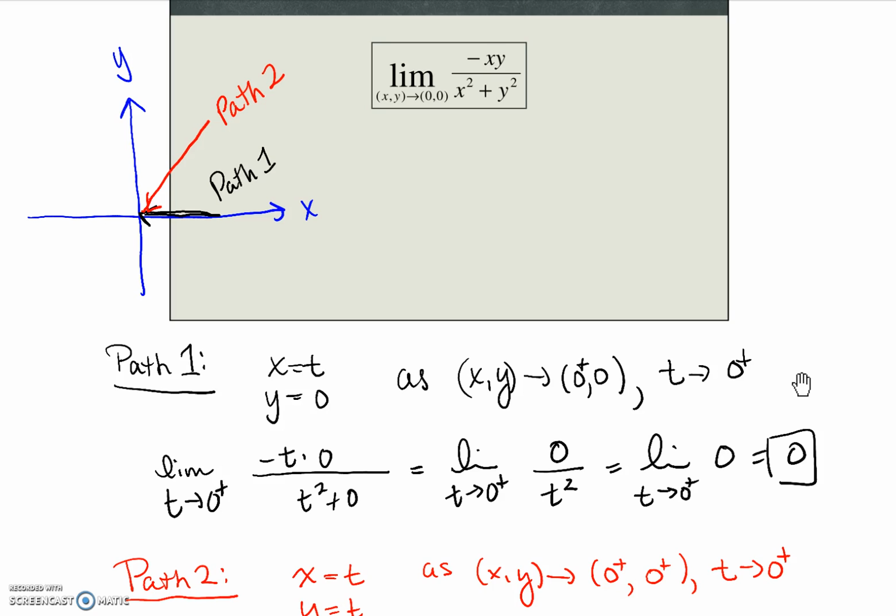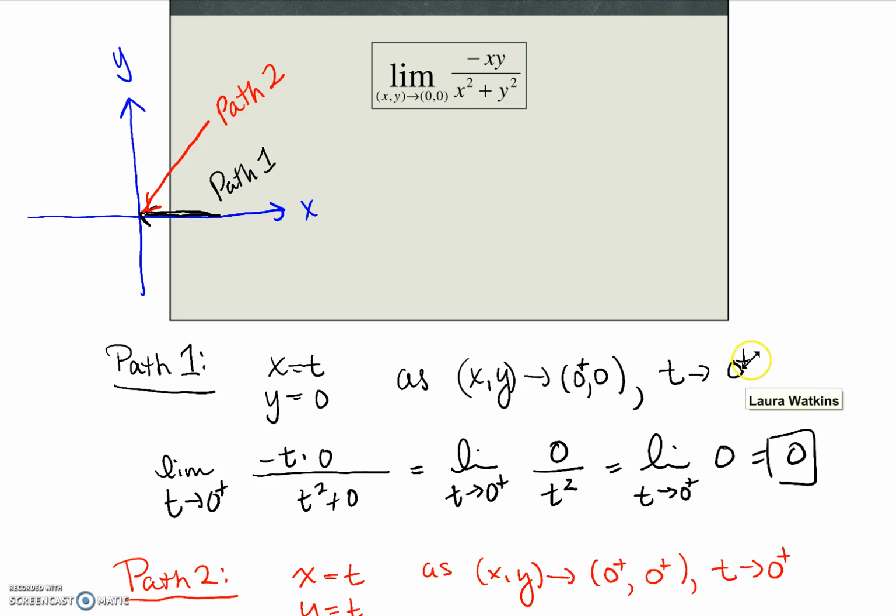And it's going to approach 0 from above because I'm coming along the positive x-axis, and so those x values are positive, but they are getting closer to 0. And since we set our parameter to be t equal to x, then that same behavior is going to occur for the t parameter.